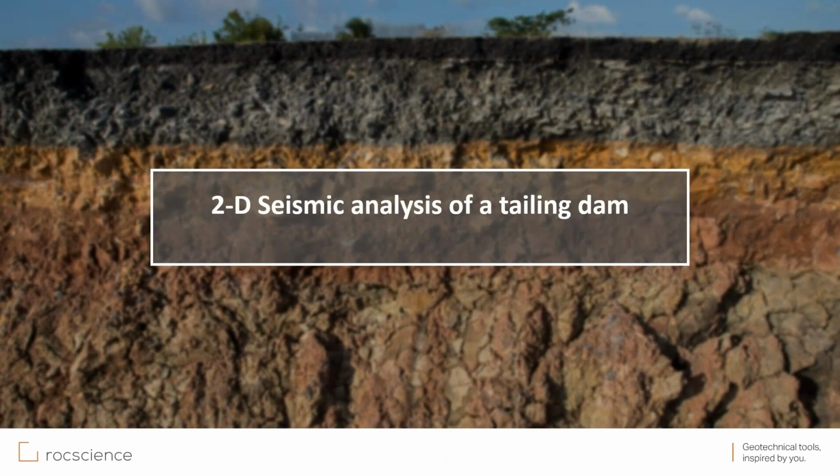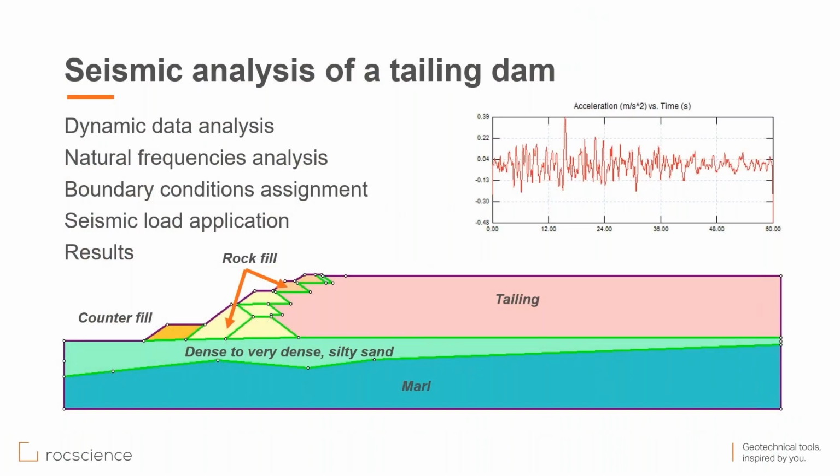The second example that I present today is the 2D seismic analysis of a tailings dam. Again, these models start from a good static model. And here is the material property of the tailings dam.